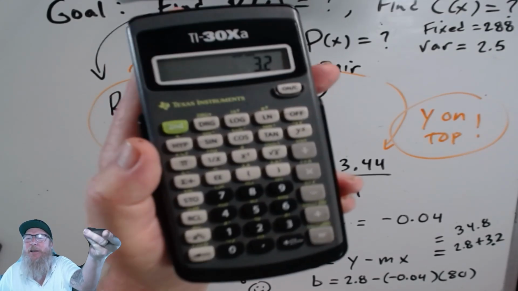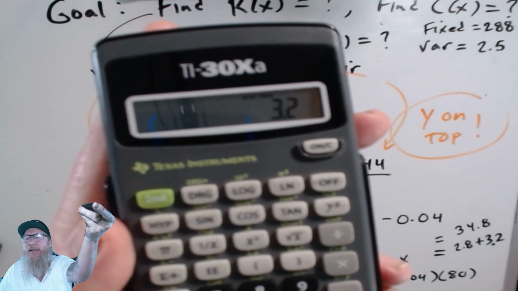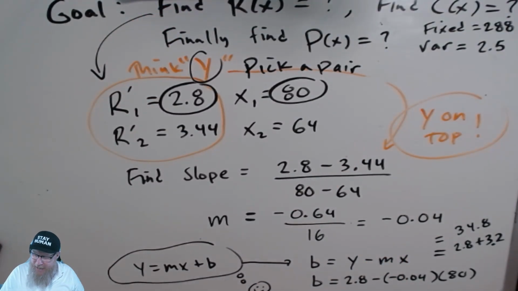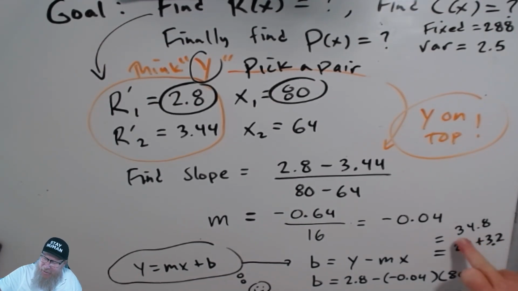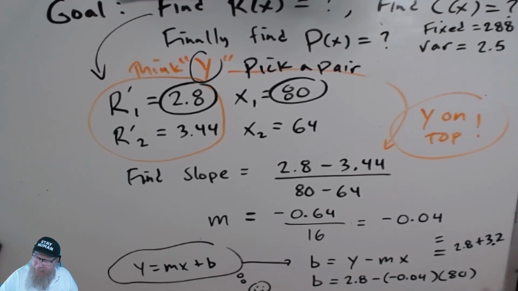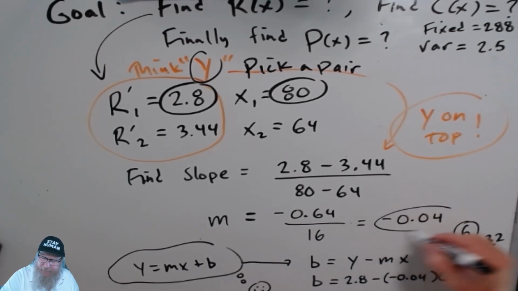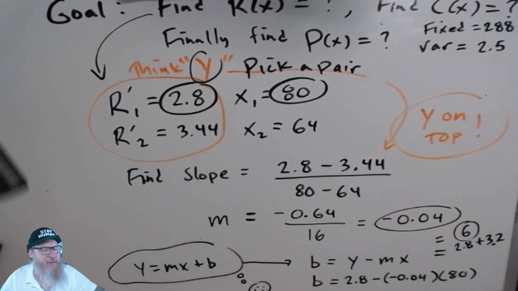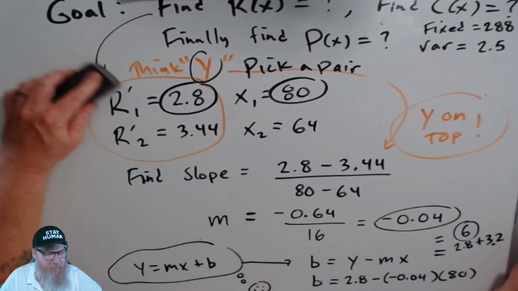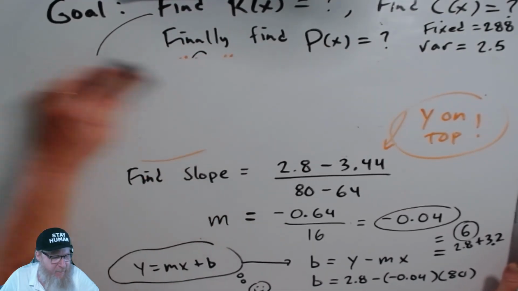I thought that said 32. Look very closely. That is 3.2, right? So as soon as I saw 34.8, I immediately thought something's got to be wrong. So it's 3.2 plus 2.8, which is 6. So that is my revenue prime.